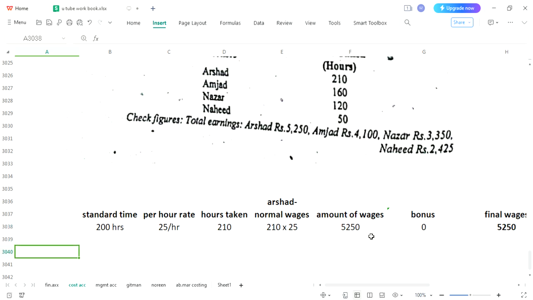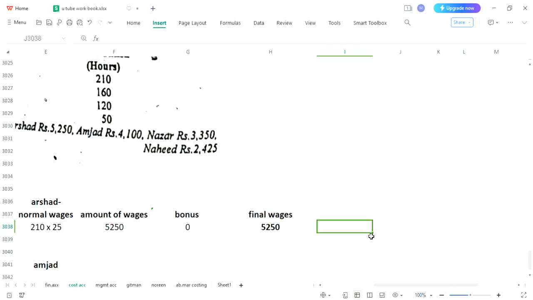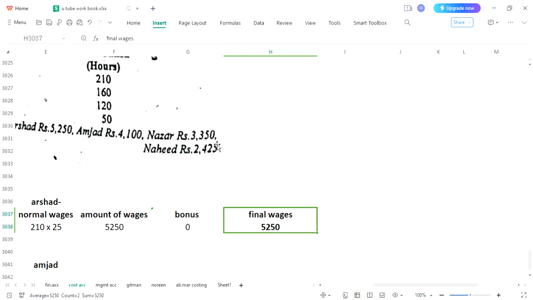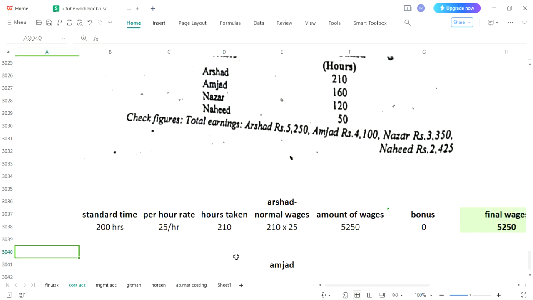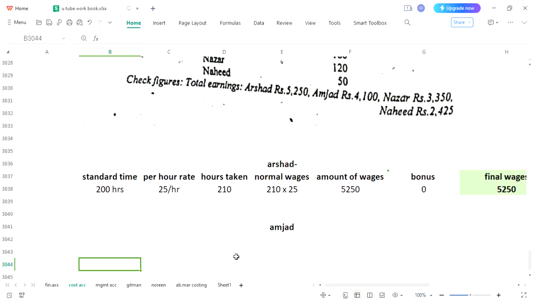Now we will follow the second person, Amjad, and how much he is earning from this production. The first condition is simple: you will see if he had saved time. This was your first answer. Let it be marked as done. We will follow the same sequence.